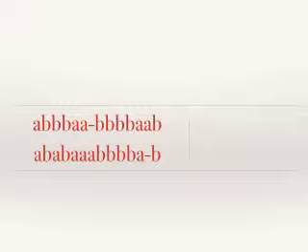When the two strings don't look like English words, for example, A, B, B, B, A, B, B, B, B, A, B, and A, B, A, B, A, B, B, B, B, B, A, B, it may take a little work to decide whether they can be lined up nicely or not. Actually, there's an error in this page.